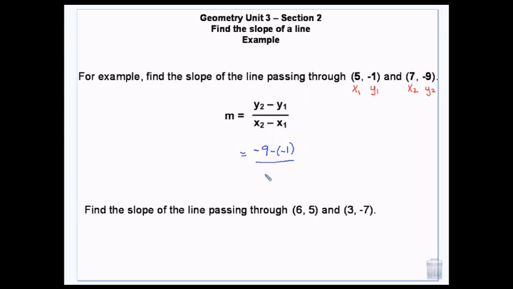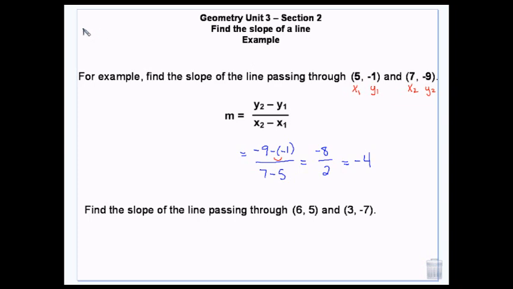So it's minus a negative, over 7 minus 5. Negative minus a negative is a positive. He's a little happy man. So that's -9 plus 1, so -8. And 7 minus 5 is 2. So I can divide that, and it's -4. That's it?